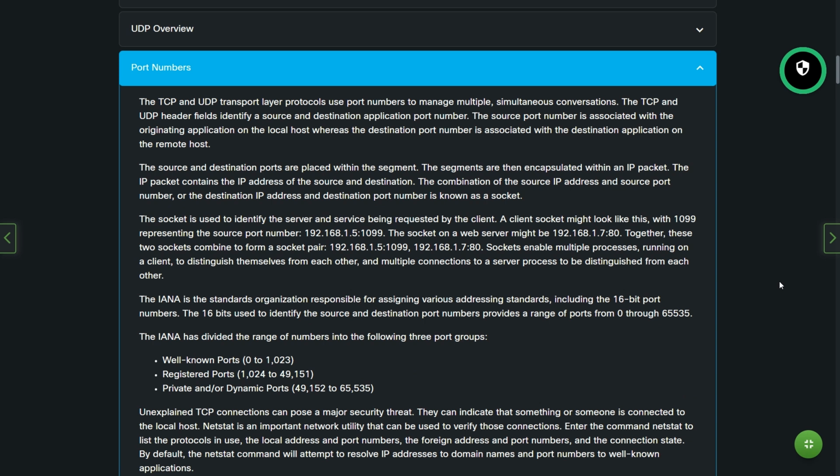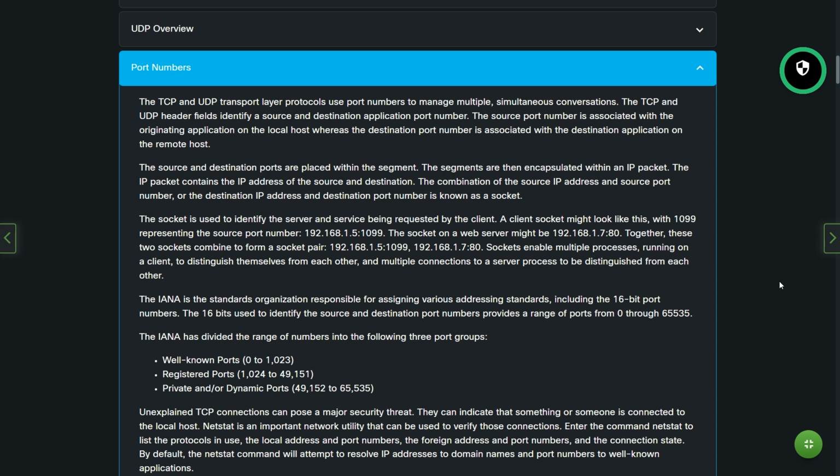The combination of the source IP address and source port number, or the destination IP address and destination port number, is known as a socket. The socket is used to identify the server and service being requested by the client. The client socket might look like this, with 1099 representing the source port number, 192.168.1.5::1099.